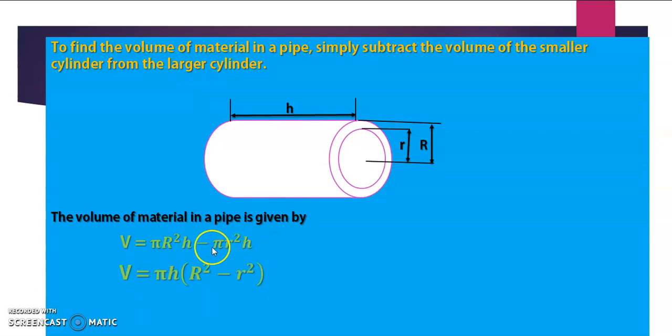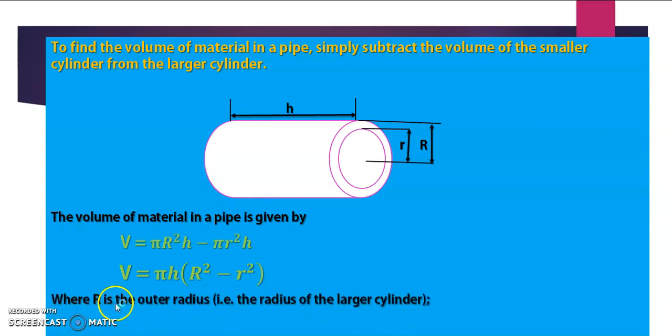Simplifying this equation further, we are going to have V equals pi h open bracket big R square minus small r square. Because pi h is common in this equation, we can easily factor it out here, and what will be left in the bracket will be big R square minus small r square.